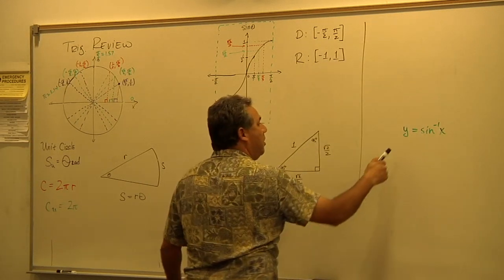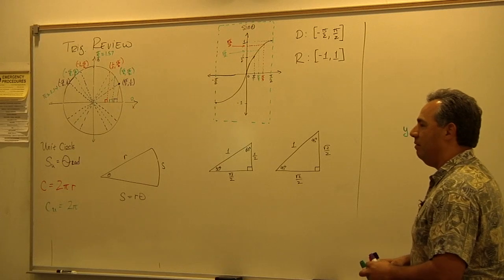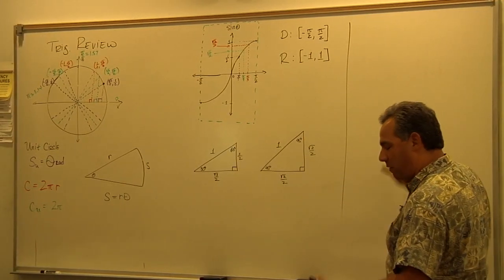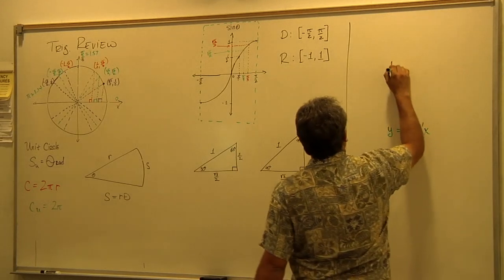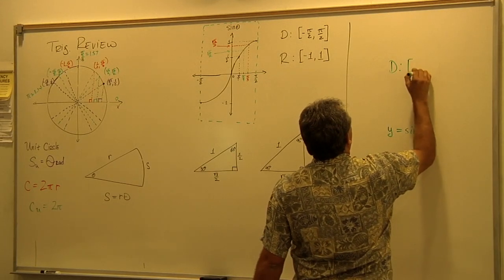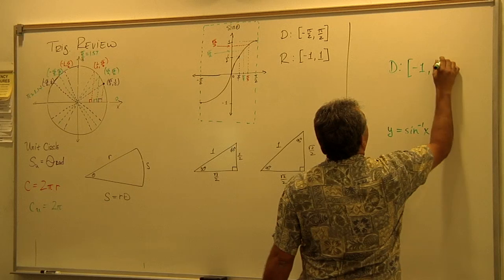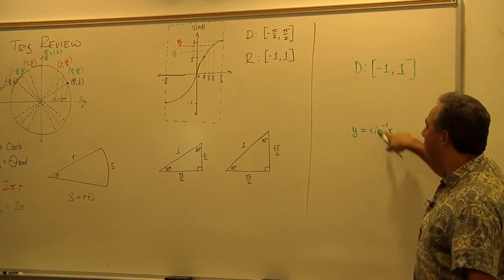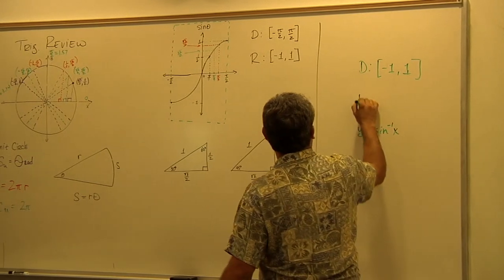Okay, now let's go to this inverse function. Now, since we've restricted its domain, it's 1 to 1, therefore it has an inverse. What's the domain of this inverse function? Negative 1 to 1. That's this value, right? I have to put an x value between negative 1 and 1, and what's its range?